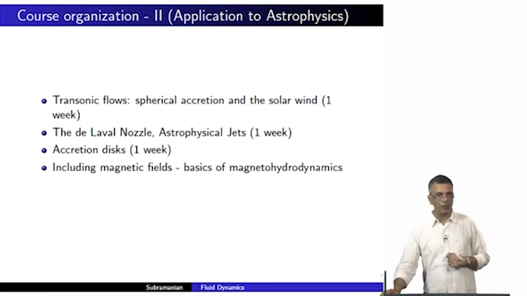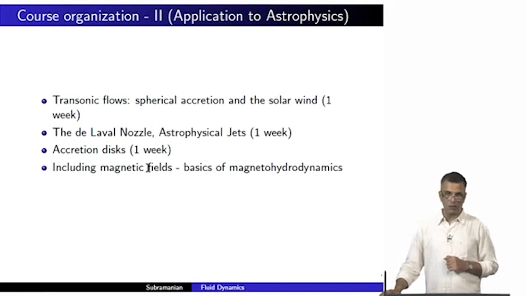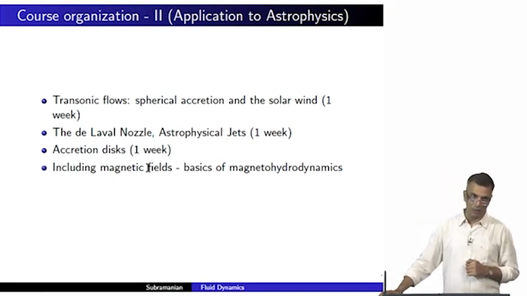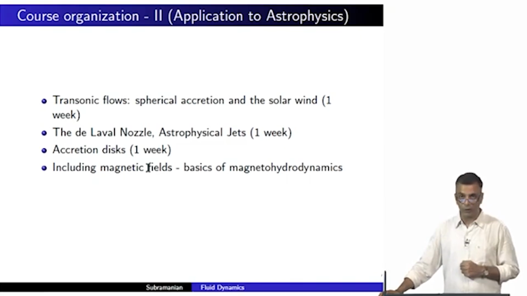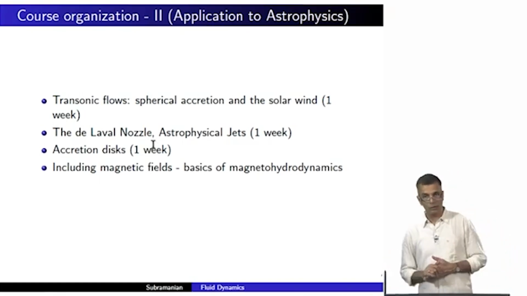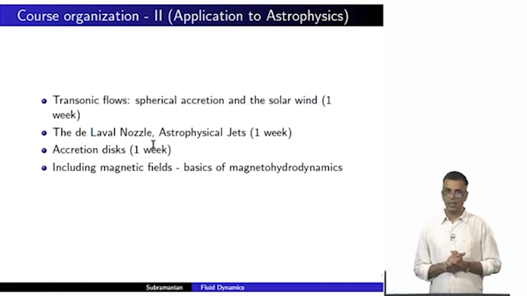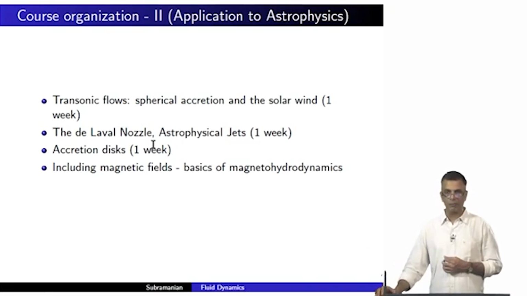Finally, as I indicated earlier, magnetic fields are central to much of astrophysics. In many situations they control the dynamics fairly profoundly. For instance, the solar corona. So far we have not touched magnetic fields at all. We've mostly been talking about neutral fluids, and from now on we will do a very quick job of including magnetic fields.